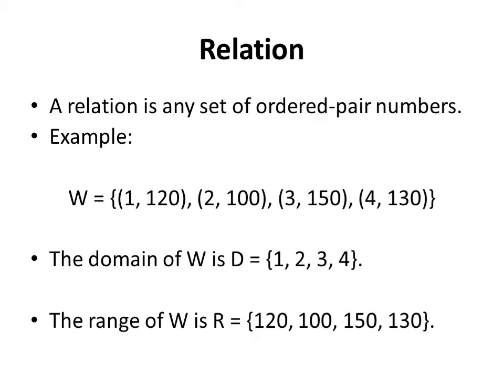The domain of W is given by set D, and the range of W is given by set R. Note that each value in the domain D is also known as an input value, and each value in the range R is also known as an output value.